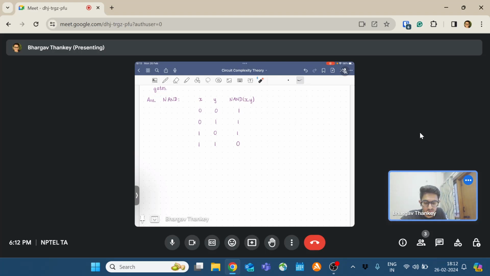When is NAND 0? NAND is 0 if and only if x and y are both 1, right?